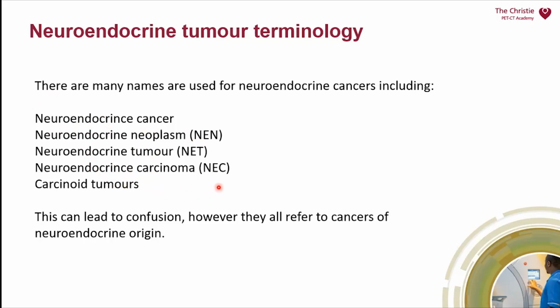The one which we use locally at the Christie, and which I will use, is neuroendocrine tumours or NETs. I'll do that because that's what I use on a daily basis, and if I try and do anything different, I'll no doubt be inconsistent and confuse people even more. So I'll just stick to the one that we normally use. They all refer to cancers of neuroendocrine origin.